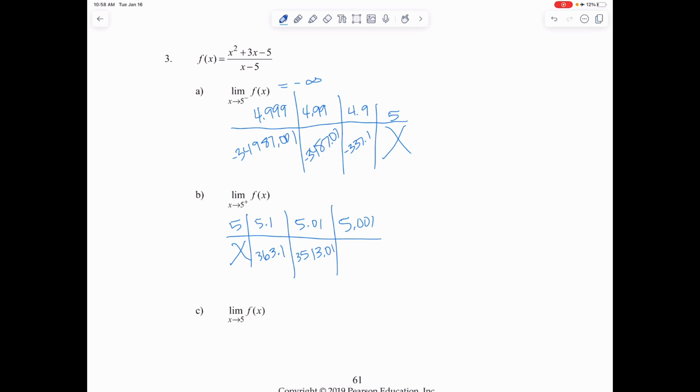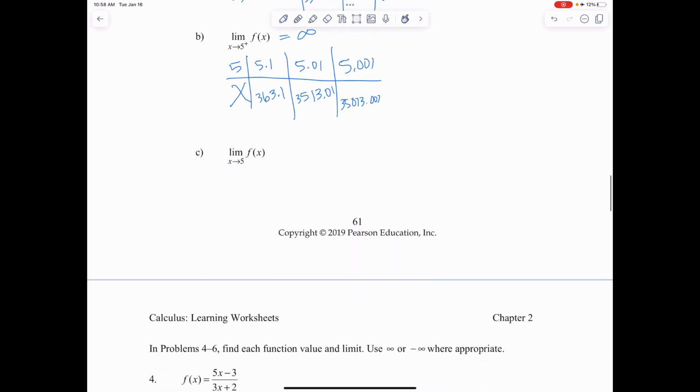And 5.001 gives 35,013.001. Okay, this one looks like it's going to infinity. And since our left side and our right side are not going to the same place, this one does not exist.